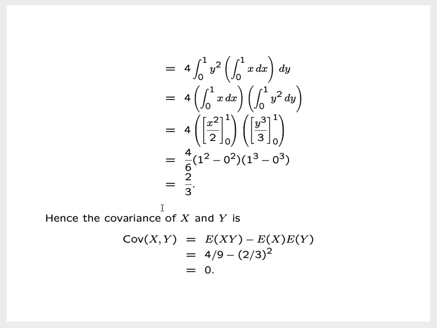And so the covariance of x and y, using the shortcut formula, is given by the expected value of x times y minus the product of the expected value of x and the expected value of y, which is 4/9 minus (2/3) squared, which is 0.